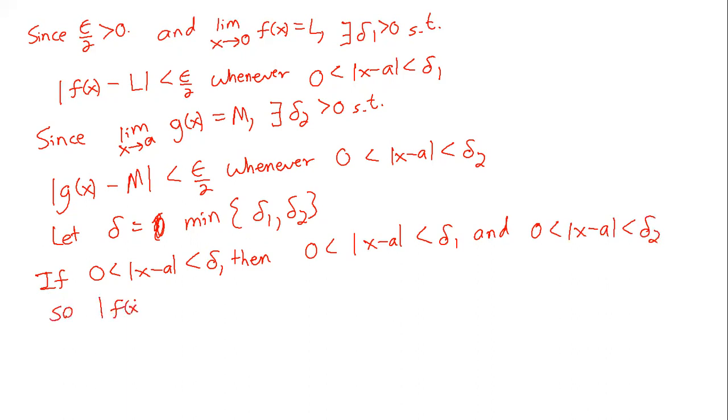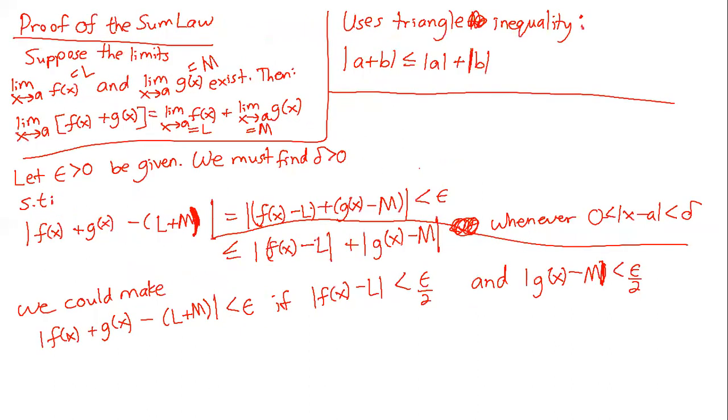So the absolute value of f of x minus L is less than epsilon over 2, and the absolute value of g of x minus M is less than epsilon over 2. And then we have what we wanted over here.